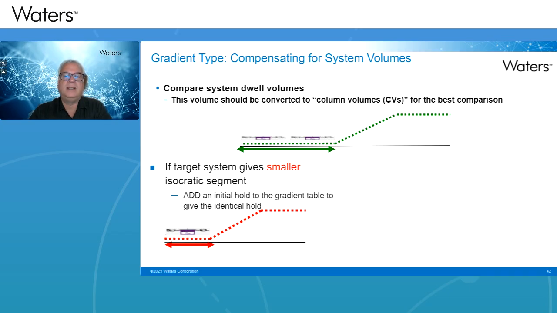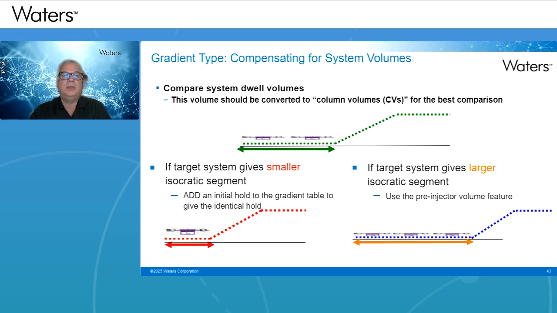So to be equivalent, I want to mimic that same 2 column volume here, I will need to add another column volume. I will need to go with a hold to compensate for the time, so they will hit the column at the same time. Similarly, if you have maybe a smaller column, or if you use a system that has more dwell volume, you may face conditions where the dwell volume will be representing 3 column volumes.